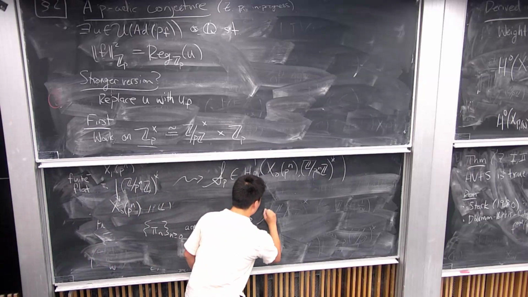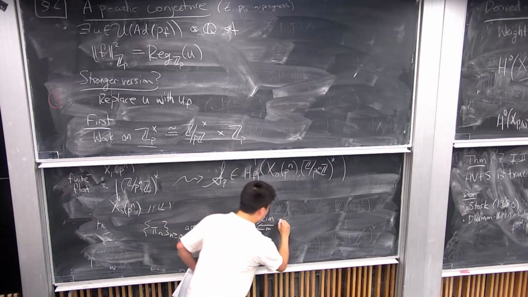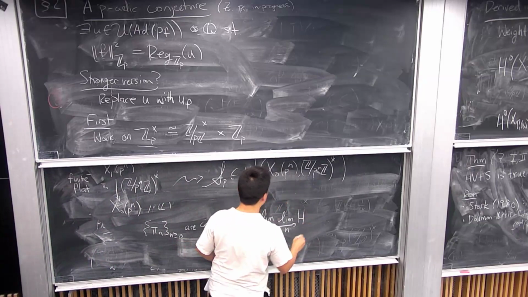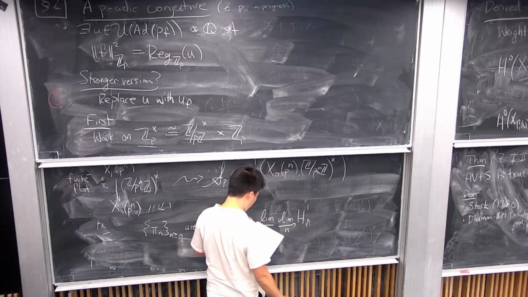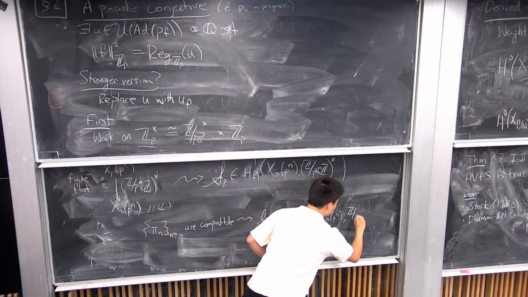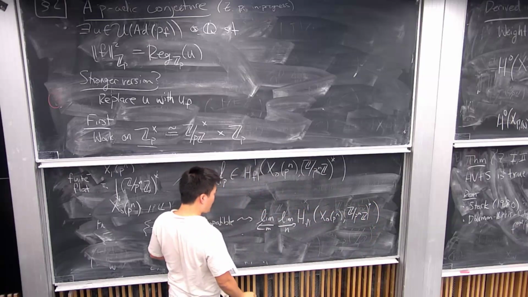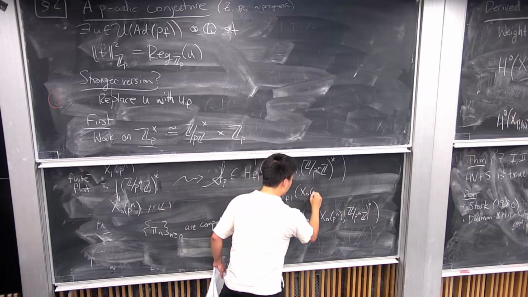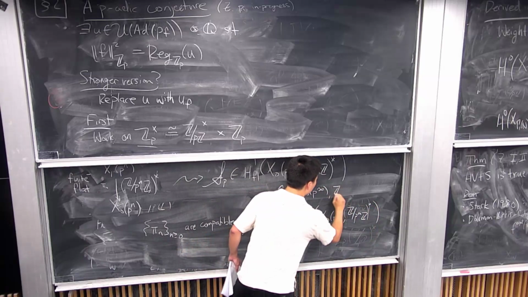So take an inverse limit, the direct limit of H^1 flat of X_0 with coefficients Z mod p^m Z. Okay, for convenience I give this the name completed cohomology of X_0(p^∞) with Z_p cross.